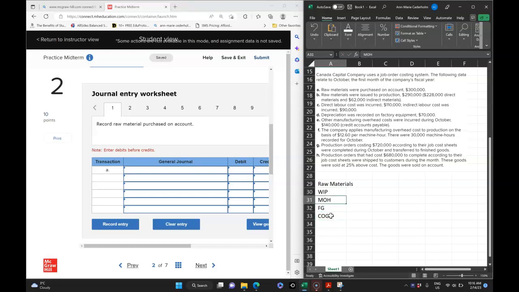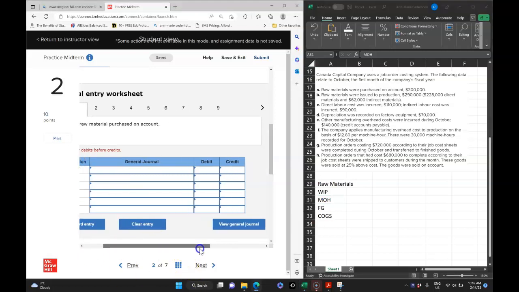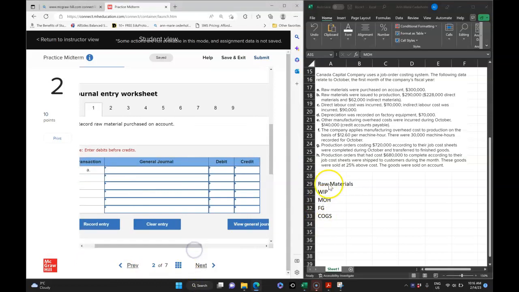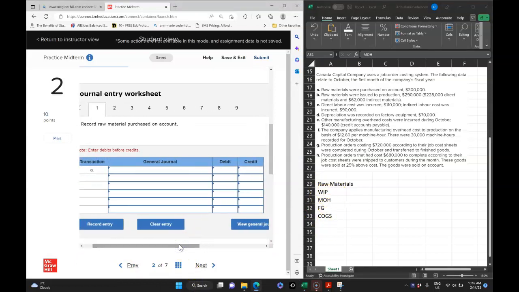So in the manufacturing overhead account, on the left side, you have the actual manufacturing overhead, and then on the right side, you have the applied. So instead of thinking in terms of debits and credits, just think, because most of these are inventory accounts, think of debits as stuff going into the account and credit as stuff going out of the account.